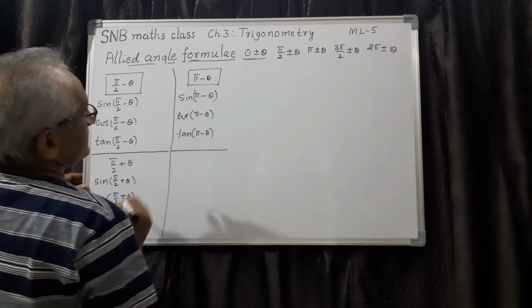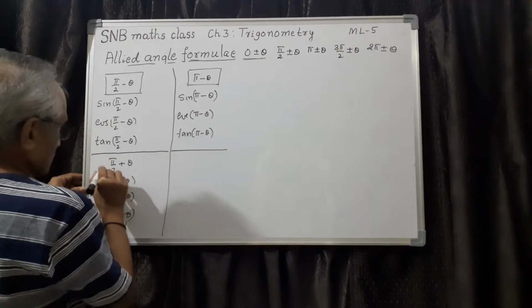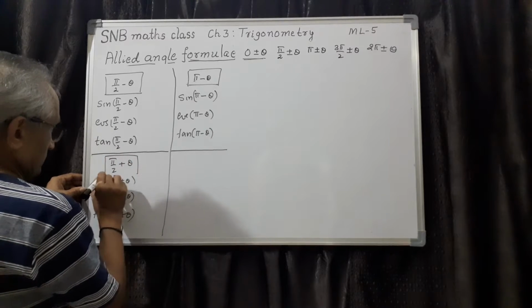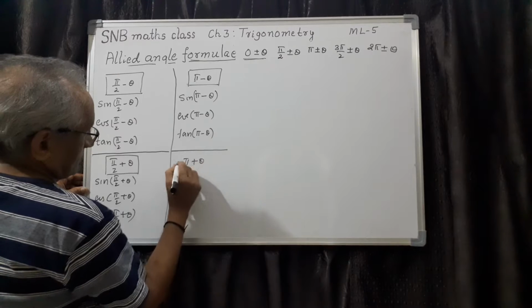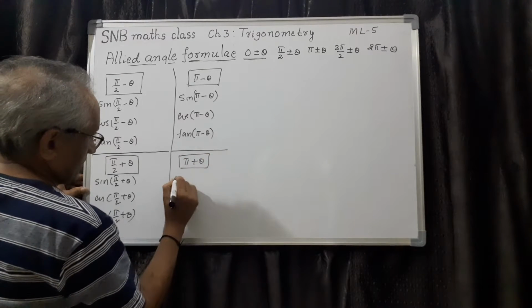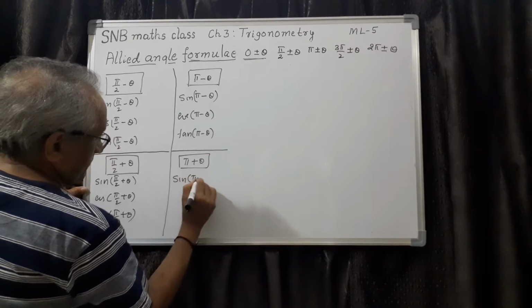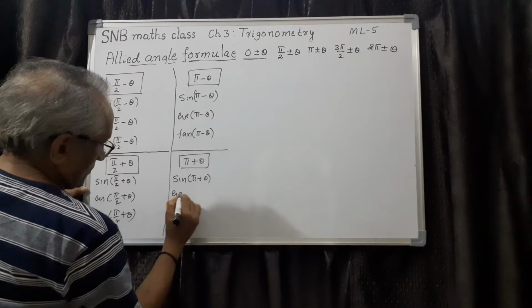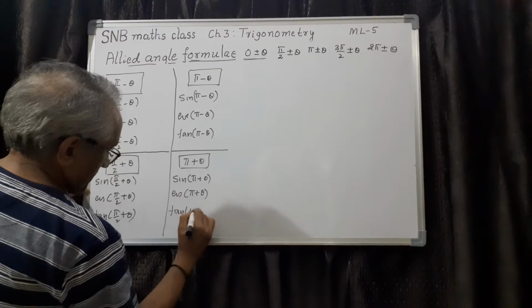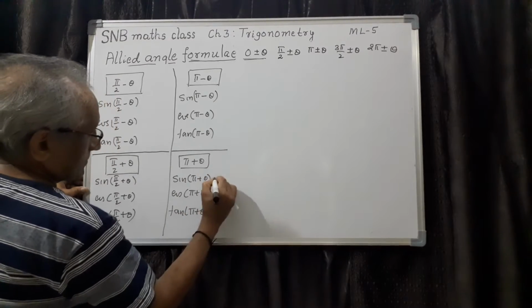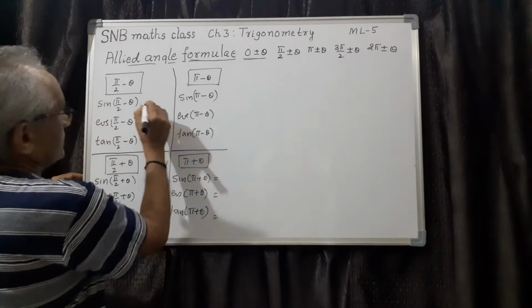So this is one set. Then same thing, pi plus theta. So this is the next set. I will write here sine of pi plus theta, cos of pi plus theta, tan of pi plus theta.